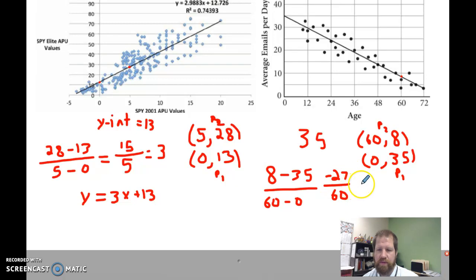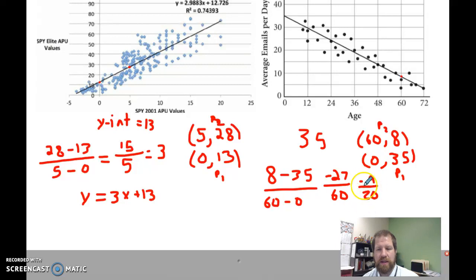Dividing both top and bottom by 3, I would get negative 9 over 20. Still going to be fairly ugly. As a decimal it won't be too bad, but it's still not something I can easily look at and say, that's like a slope of 3.